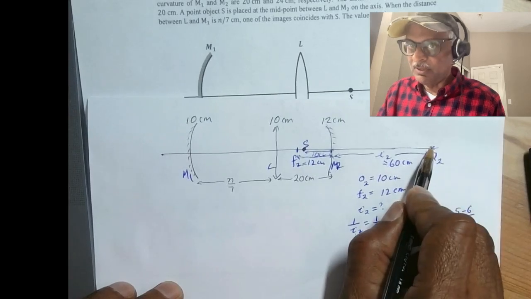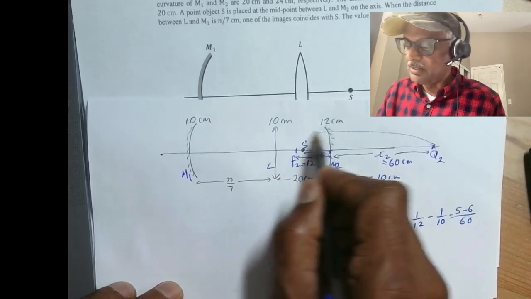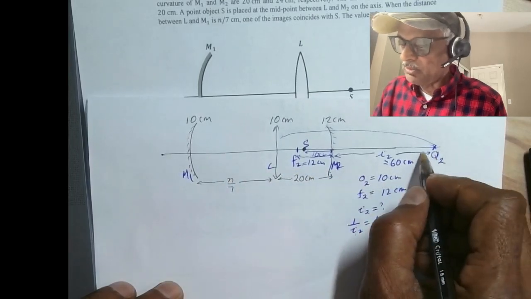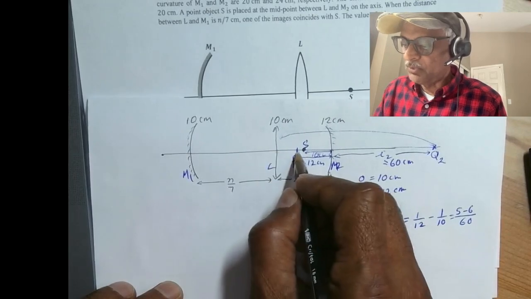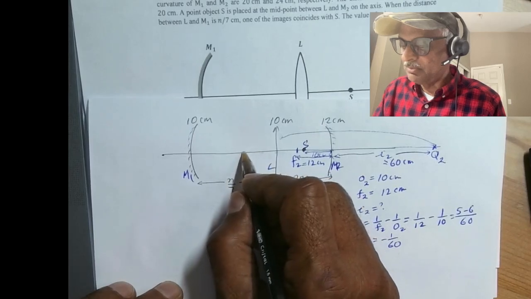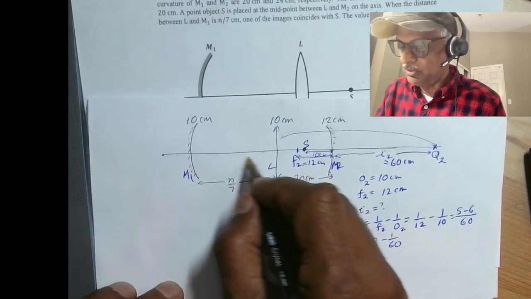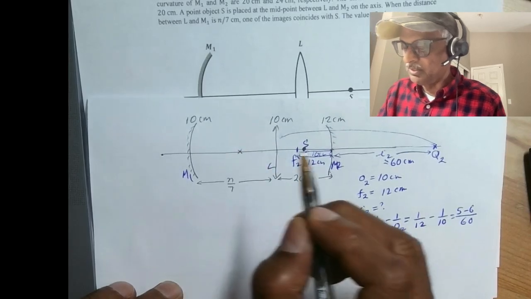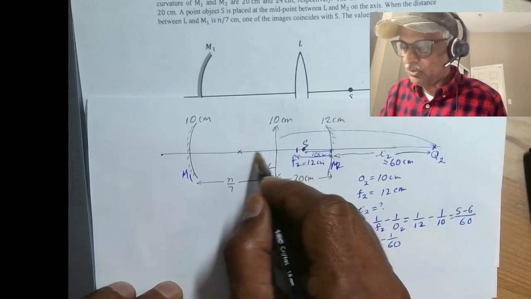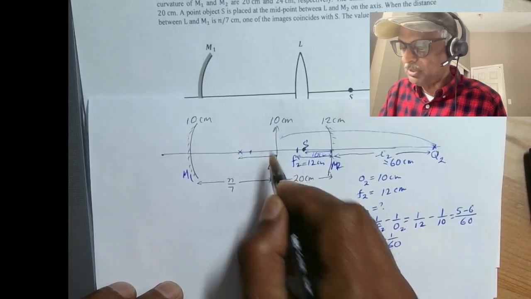This image will be the object for the lens, so it's going to form some image along here. Because it's so far away, the image forms very close to the focal length, somewhere here.